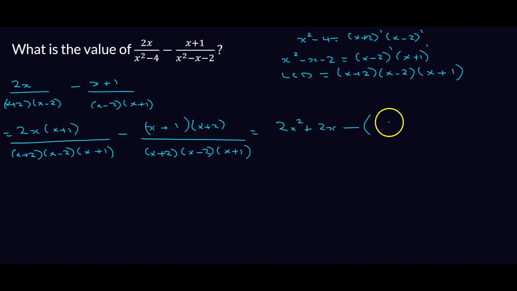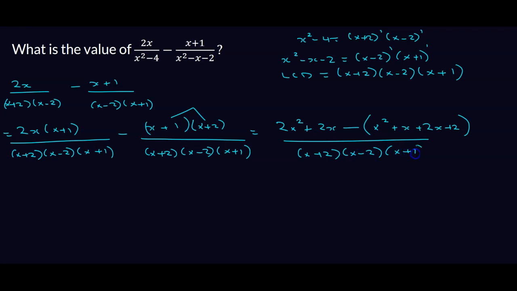I'm simplifying that in the parenthesis because the negative sign applies to the product of these two binomials. So this is going to be x squared plus x plus 2x plus 2, and this is over x plus 2, x minus 2, and then x plus 1.